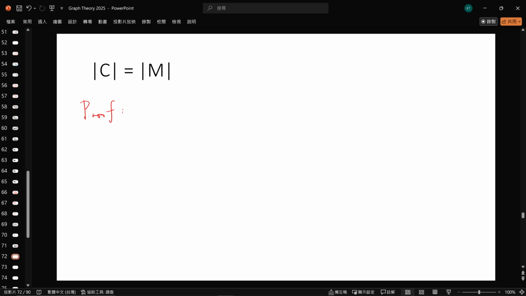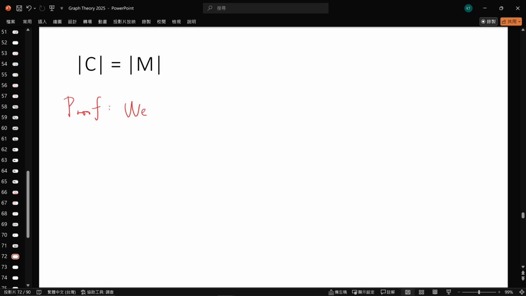Okay, so how to show that the size of vertex cover is equal to the size of the matching? Whenever you see an equality, you can always think of this as two inequalities. So we already know that the size of any vertex cover is an upper bound for the size of any matching. So we already know the size of C cannot be less than the size of the matching.